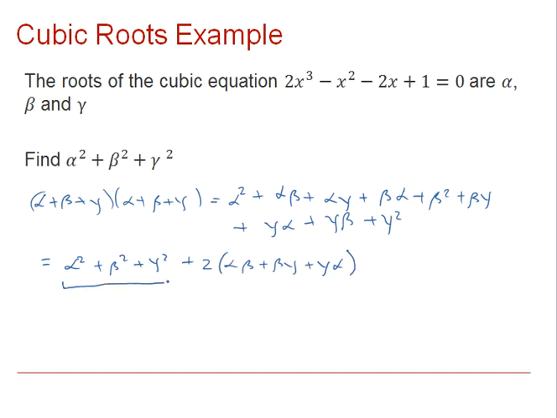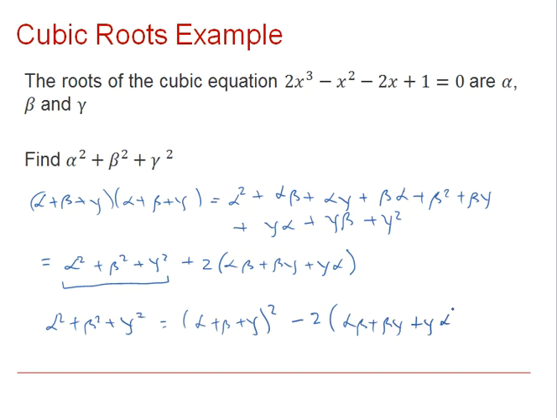Therefore, we can isolate this alpha squared plus beta squared plus gamma squared as being alpha plus beta plus gamma all squared minus 2 lots of these pairwise products.